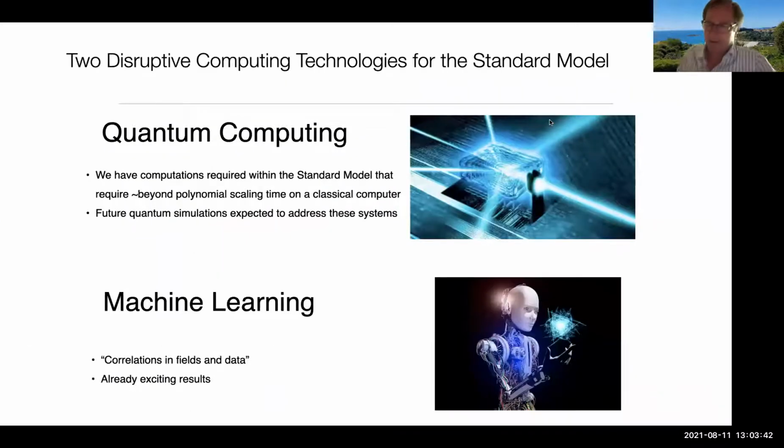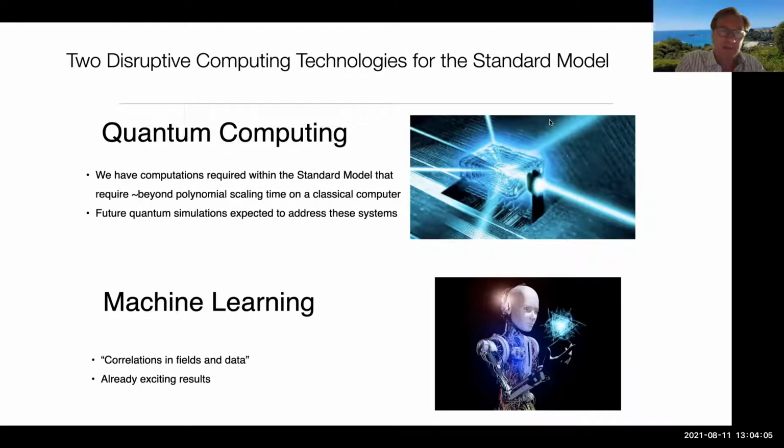Okay, so if you look at what's going on over the last 5 years, there's really two disruptive technologies that have entered the field, both nuclear particle and across the domain sciences, and they are machine learning, artificial intelligence, and quantum computing. So I'm going to be spending my time talking about quantum computing and quantum simulation today.